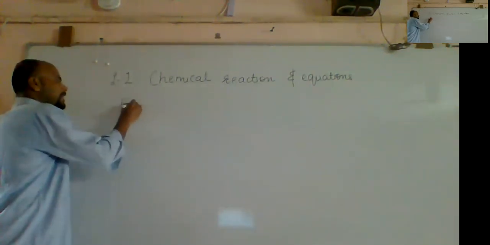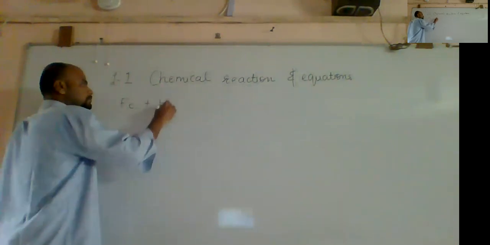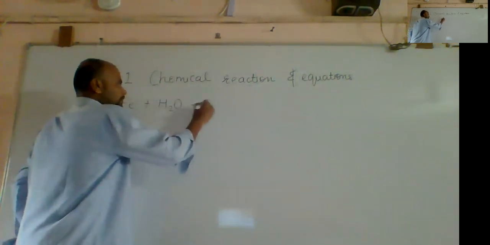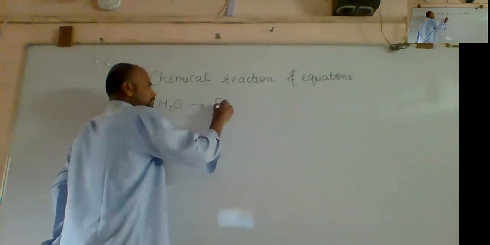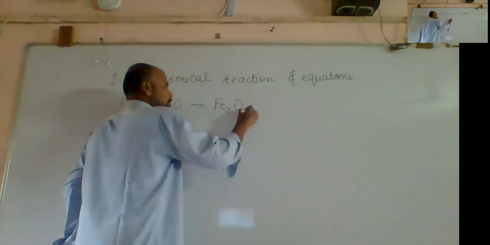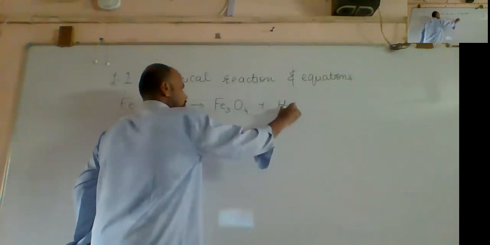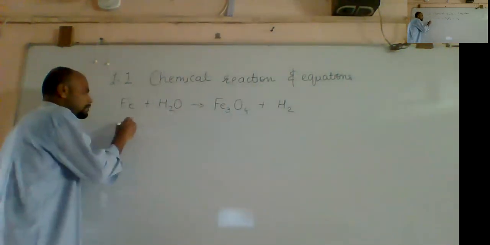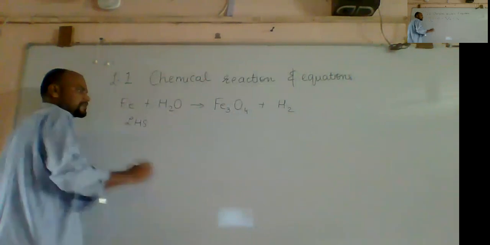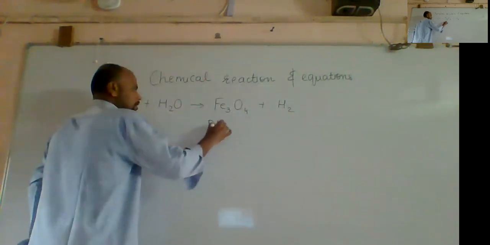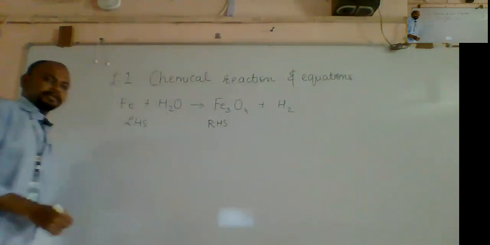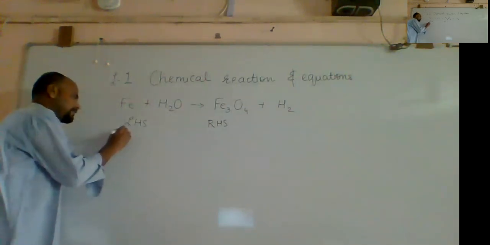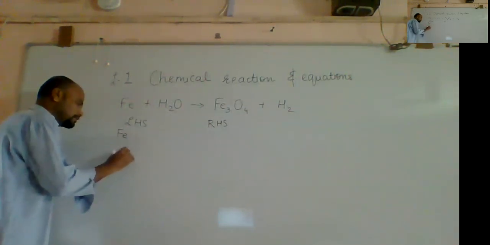Iron, when it reacts with water, gives us ferroso-ferric oxide, Fe3O4, plus hydrogen. Write it down. LHS, which represents the reactants, RHS, that is the product. Writing down the elements: iron, Fe, hydrogen, oxygen.